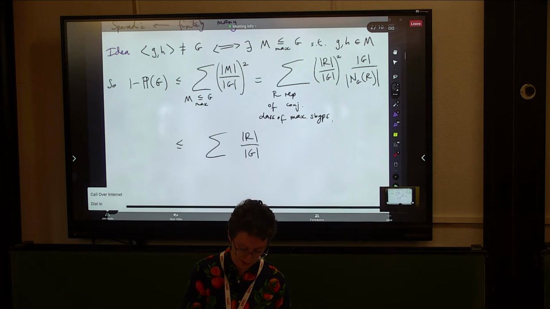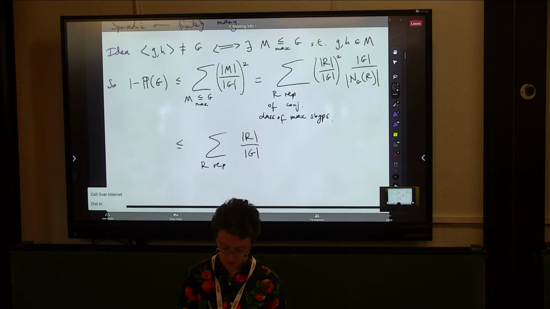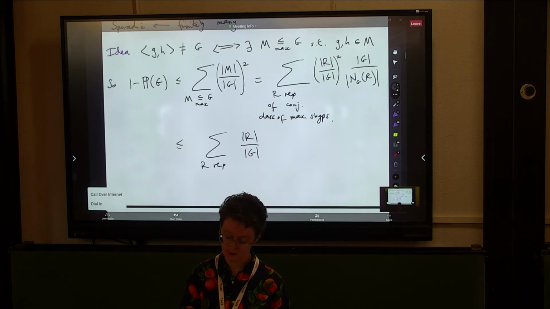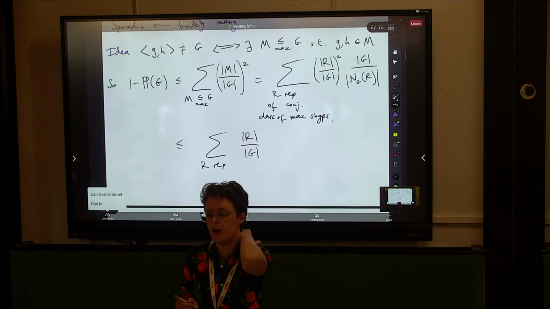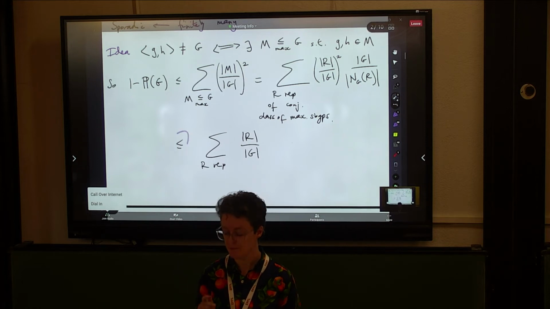You just need to know R over G whenever R is one of those representatives. One over the normalizer. Oh, yeah, sorry, this is an inequality explicitly. But it turns out that this step, square there, is okay. Fine.